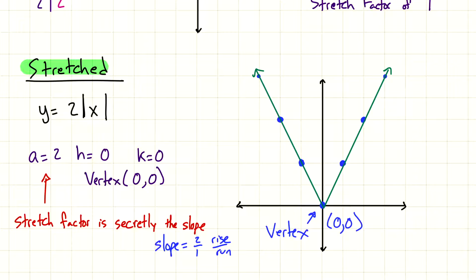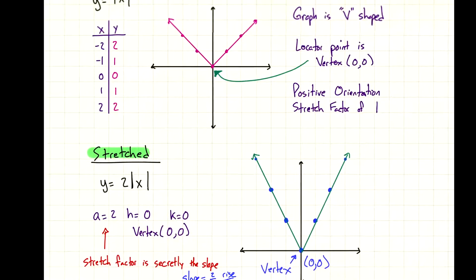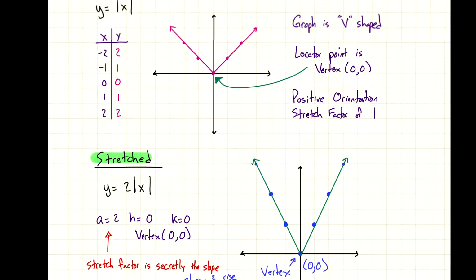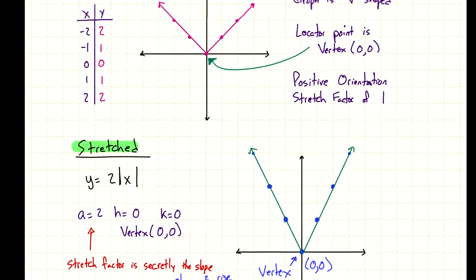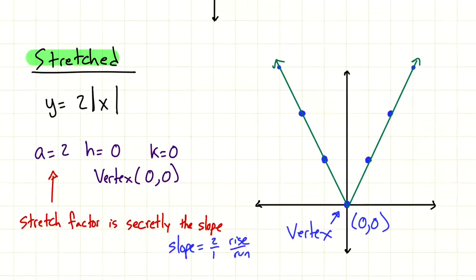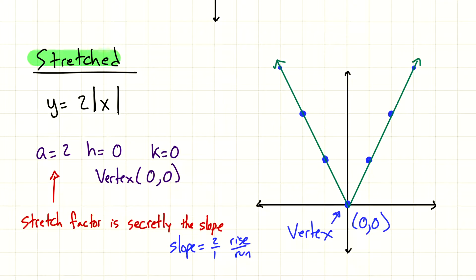If I compare it to the one above, you should notice this one looks skinnier. It looks more narrow because of that 2 that we put in front of it. You'll notice we really didn't have to calculate anything, and we were able to graph this very accurately. All we really needed to know was where the vertex is located and how it's stretched.